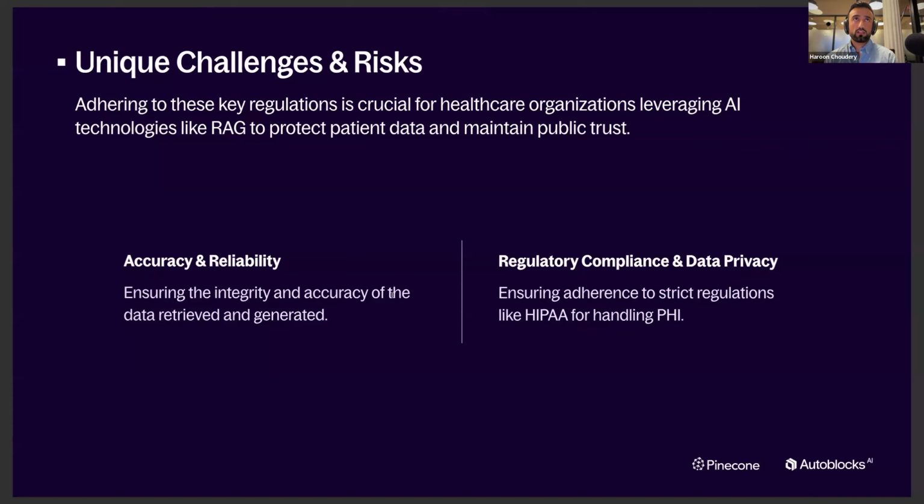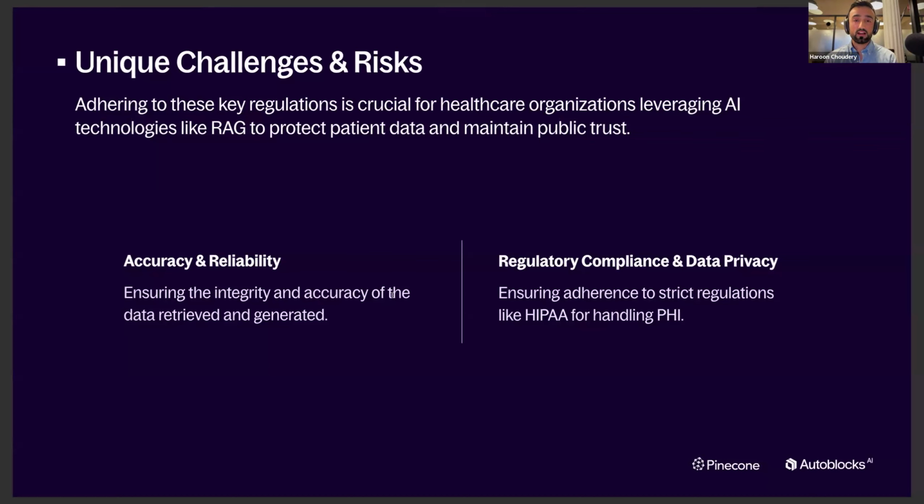We broadly bucket these challenges and risks into two separate categories. On one hand, you have accuracy and reliability. On the other hand, you have regulatory compliance and data privacy. For the former, the goal is essentially to ensure that the outputs you generate are accurate. You're not misleading folks, or giving them the wrong information. A lot of times the risk of presenting the wrong information is very, very high in healthcare.